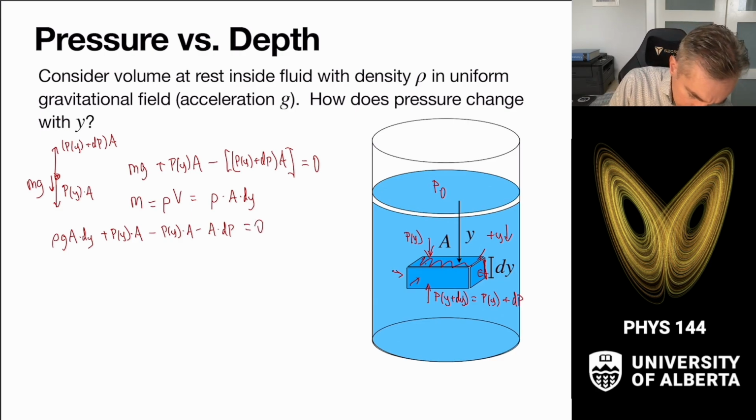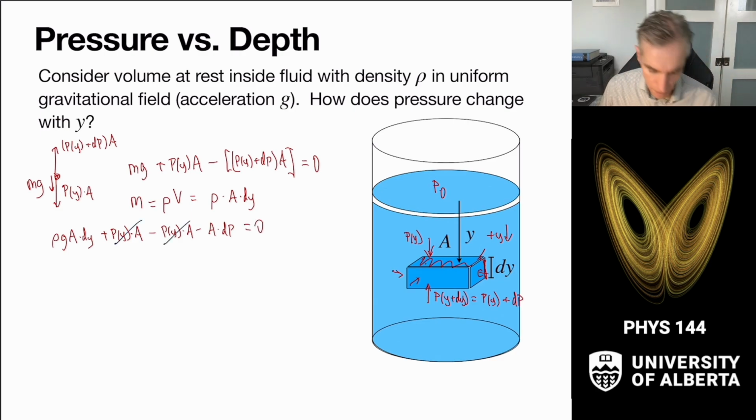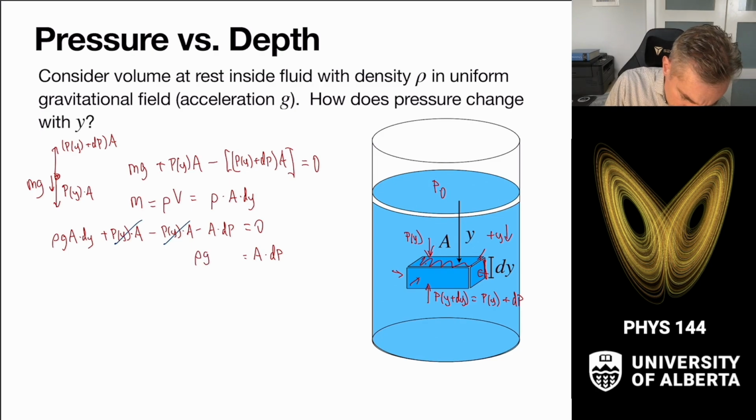Now, from here, those P of Y terms will cancel out. And from there, we can solve. We'll push the A dP over to the other side. So we get A times dP is equal to rho g A times dy.